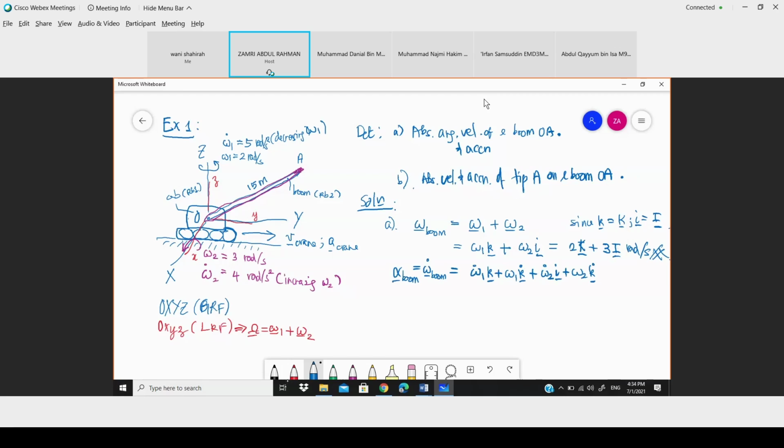Now look, omega 1 dot is given here, 5 radian per second squared. But since the term is decreasing omega 1, when you substitute the value for omega 1 dot here, you must have the negative sign because it is opposite to the direction of the angular velocity omega 1.